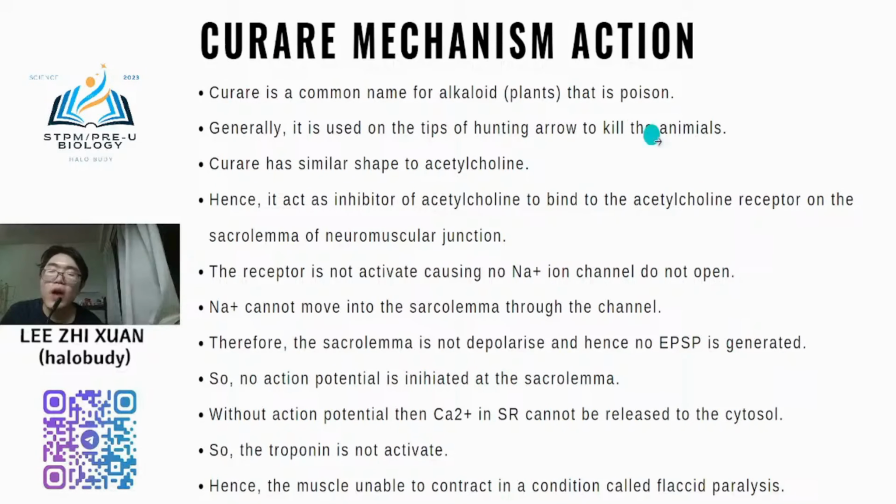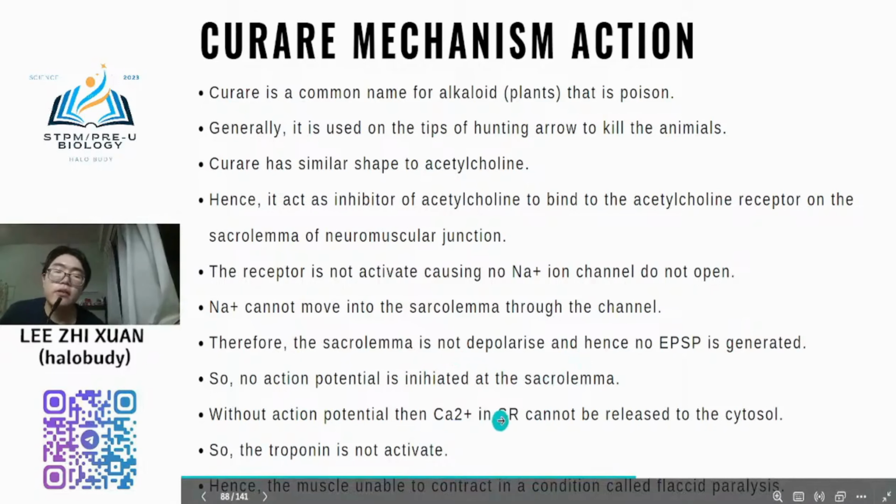Once the QA binds to it, because QA is not the neurotransmitter, it will not trigger any action potential. So no action potential occurs, no calcium ion will be released into the cytosol, and the sarcoplasmic reticulum will not release calcium ion, so there is no muscle contraction. This causes your muscles to be unable to contract, resulting in the condition we call flaccid paralysis.